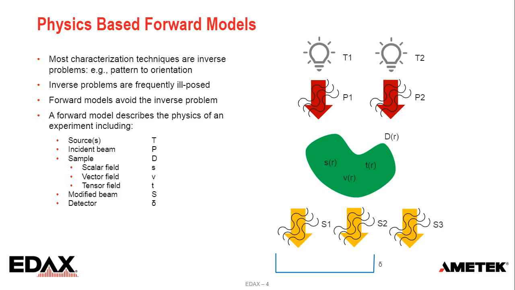After interacting with your sample, the beam will be modified in some way. So you simulate that, and then your detector also has some sensitivity and geometry parameters. The goal is to capture the physics behind each one of those to be able to simulate the experiment.